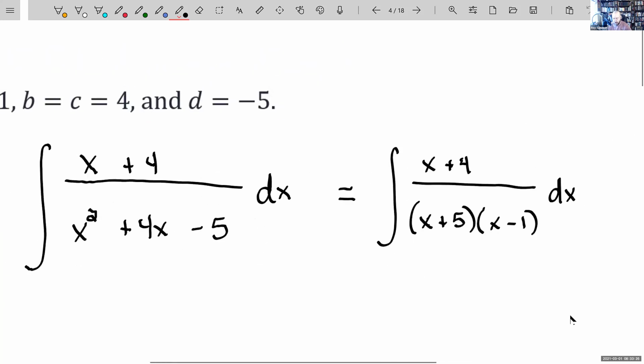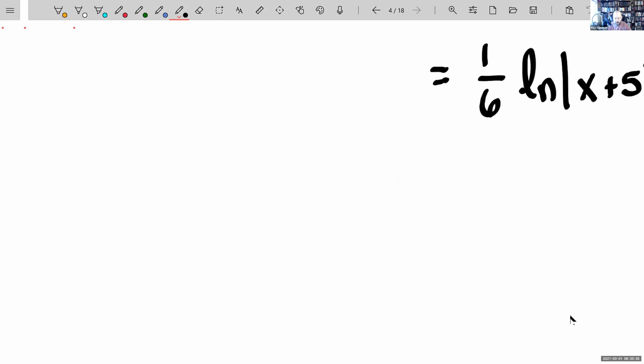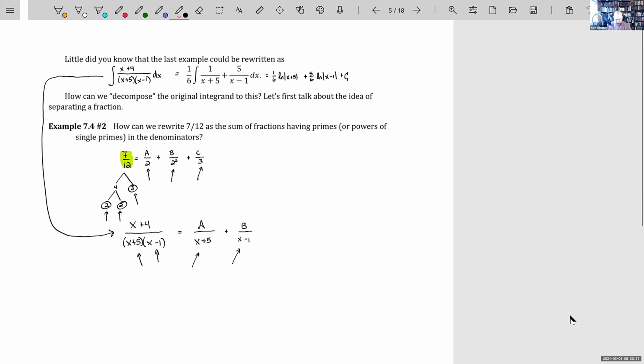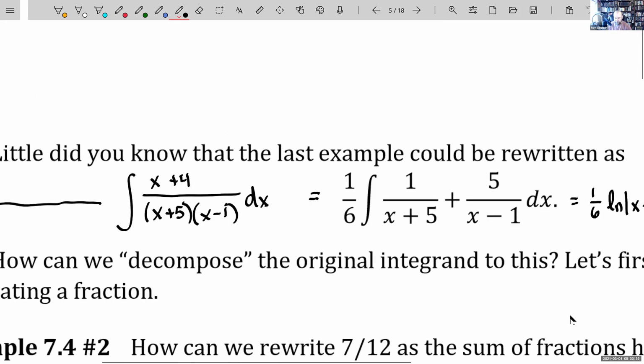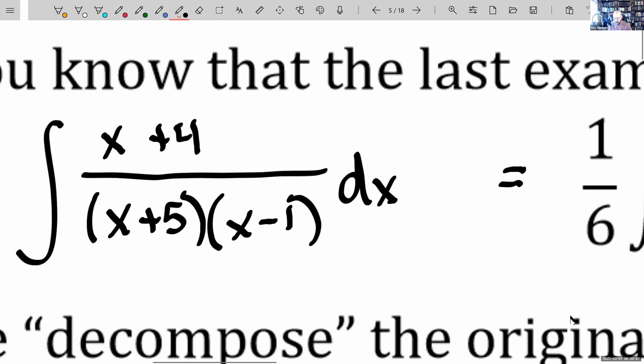Yeah, completing the square might work, but to motivate a new method, we're not going to complete the square and do a trig sub. Instead, we're just going to mention this right here, that the fraction x plus 4 over the factored x plus 5 times x minus 1 actually is this.